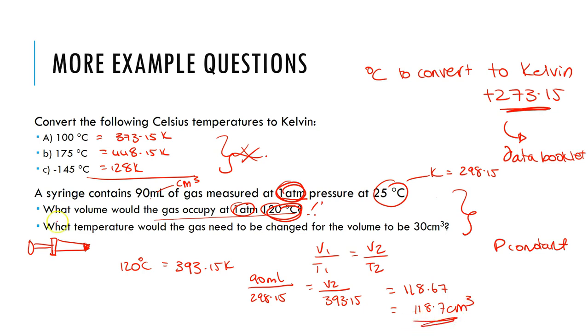Okay, so I'll leave you to do this one. What temperature would the gas need to be changed to for the volume to be 30 centimeters cubed? See how you go with that one, remembering this time we're going to be solving for T2, not V2. So we'll be solving for T2 in that one.